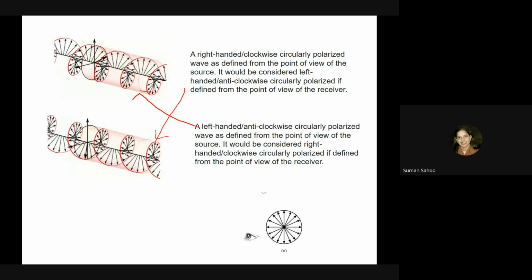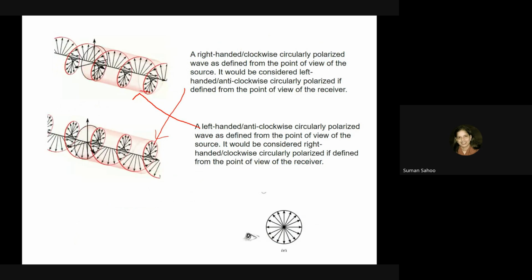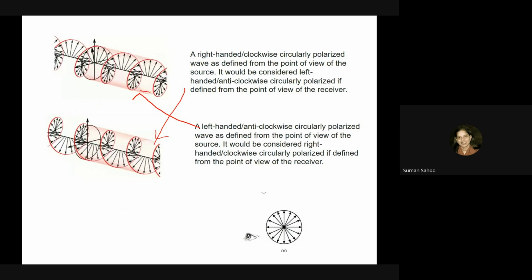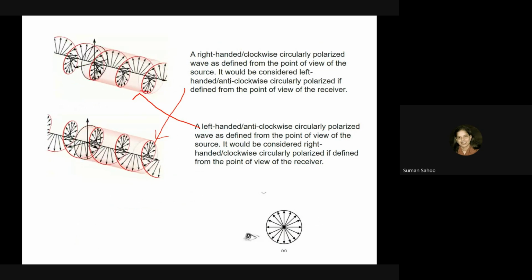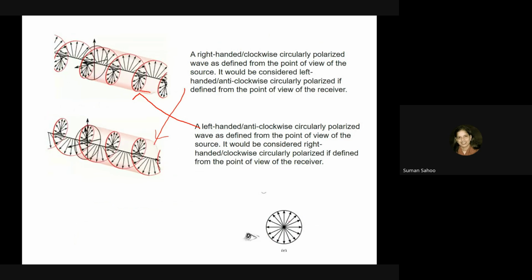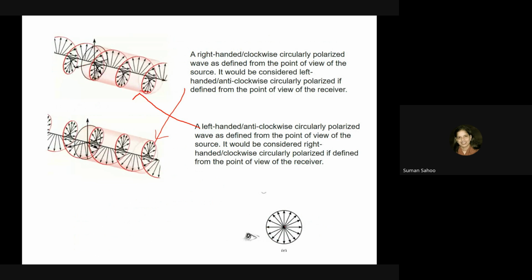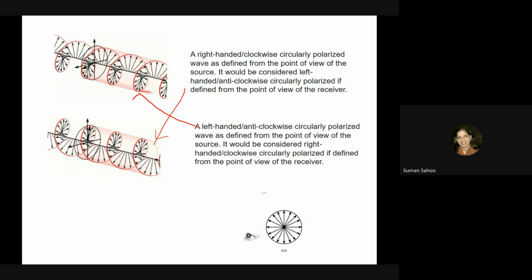From the point of view of the source, it could be considered the same. Now, this right circularly polarized light or left circularly polarized light, if we view it, you can see the light is going through all the directions.